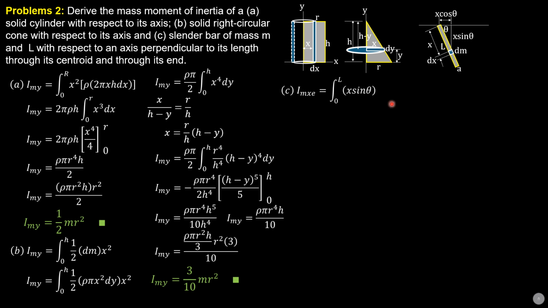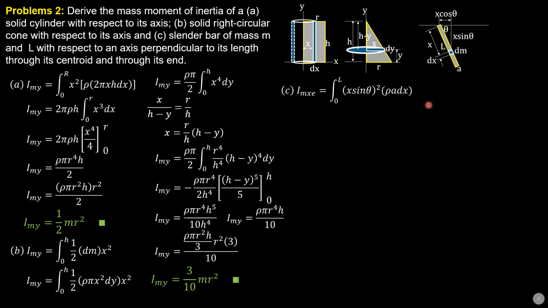So the mass moment of inertia of this bar with respect to the end, parallel to the x-axis, horizontal, is the integral from 0 to L of the constant distance from the centroid of the differential mass to that axis, which is x sine theta, quantity squared, times the differential mass, which is density times the differential volume, that is, the constant cross-sectional area of the bar times the differential length dx.